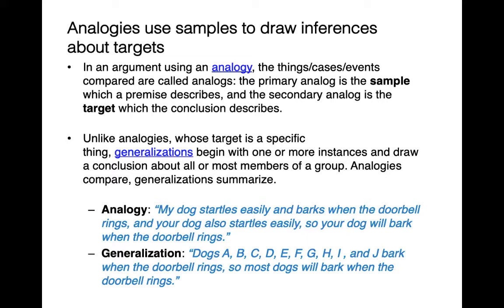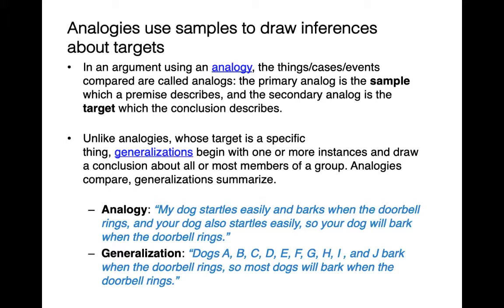Unlike analogies, whose target is a specific thing, generalizations, which are also the result of inductive reasoning, begin with one or more instances and draw a conclusion about all or most members of a group. Analogies and generalizations are different. Analogies compare, generalizations summarize.